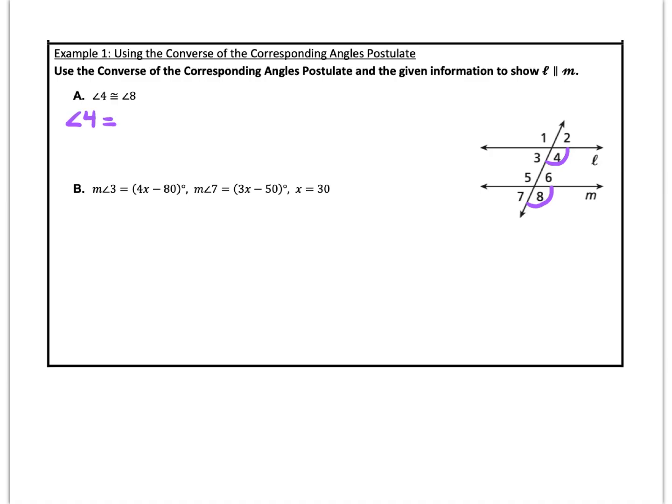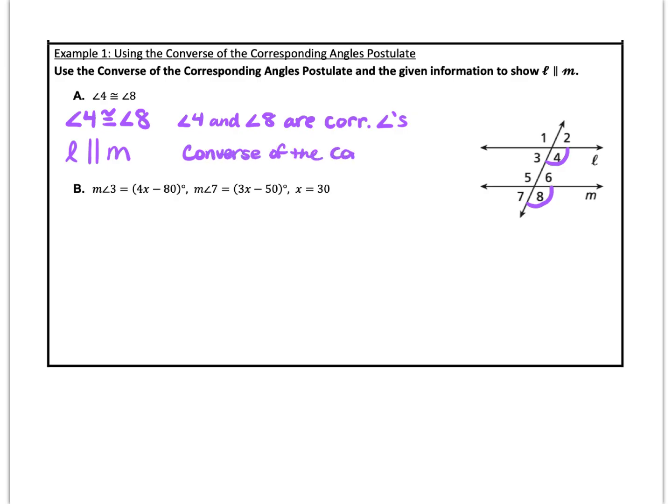So I'm going to observe first, it's given that angle 4 is congruent to angle 8, and then we're noting that angle 4 and angle 8 are corresponding angles. Okay, well, since we have a pair of corresponding angles that are congruent, we would be able to conclude that L is parallel to M by the converse of the corresponding angles postulate.